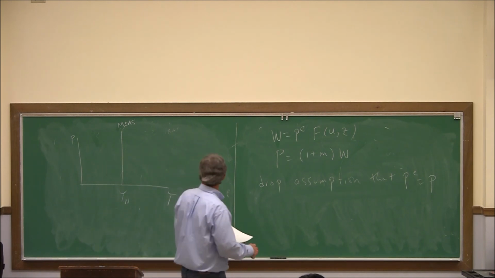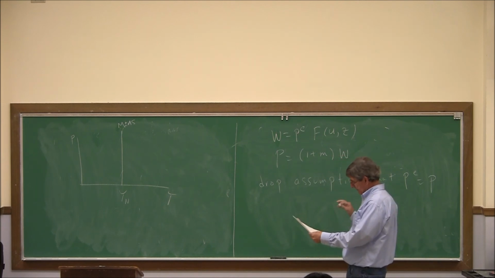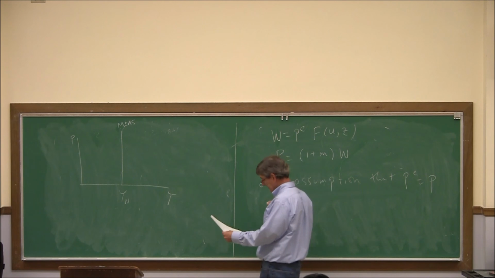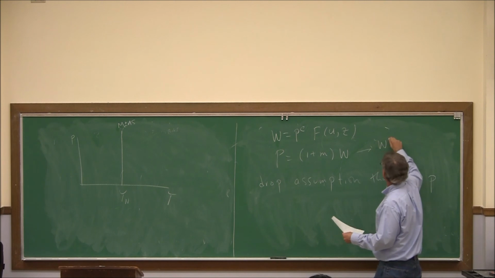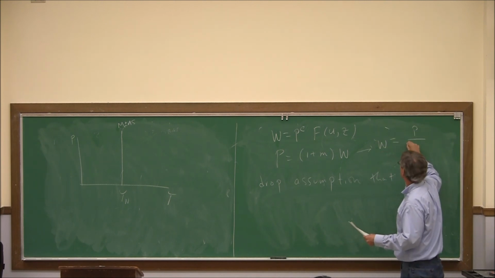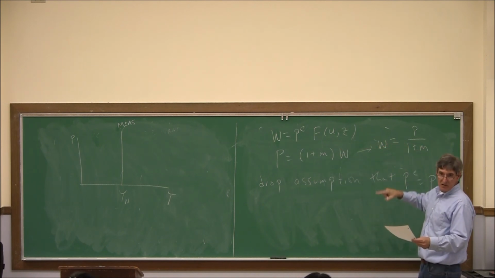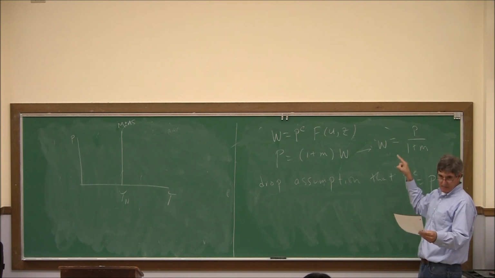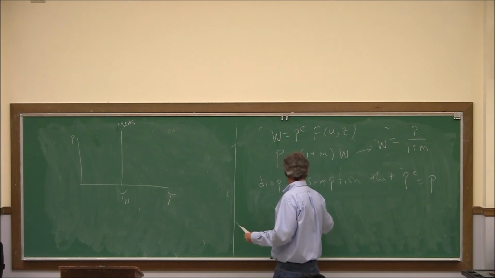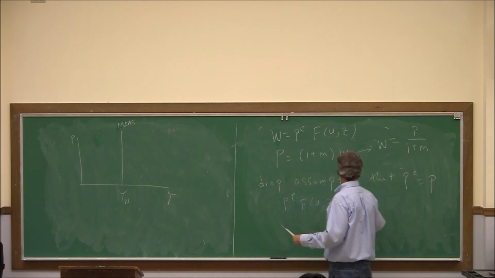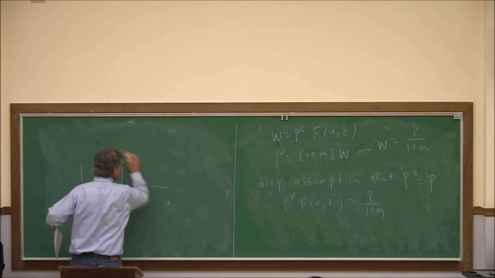So let's get an equation for the supply curve. Remember that W equals P over 1 plus m. So I can set those equal, right? Where those two lines are equal, it's going to be where those cross. So I'll just set the W's equal. So it must be that PE f of u and z equals P over 1 plus m. So this is the equation of the aggregate supply curve.